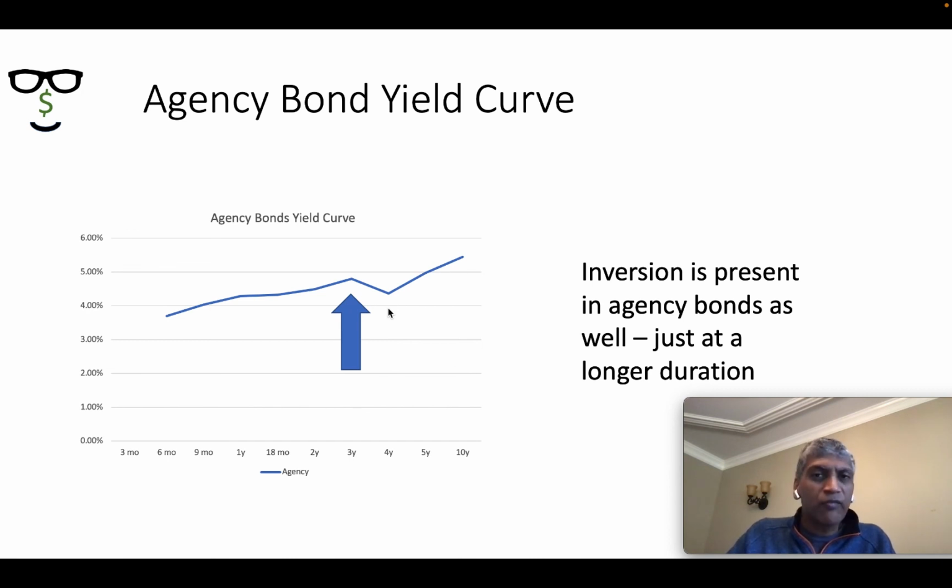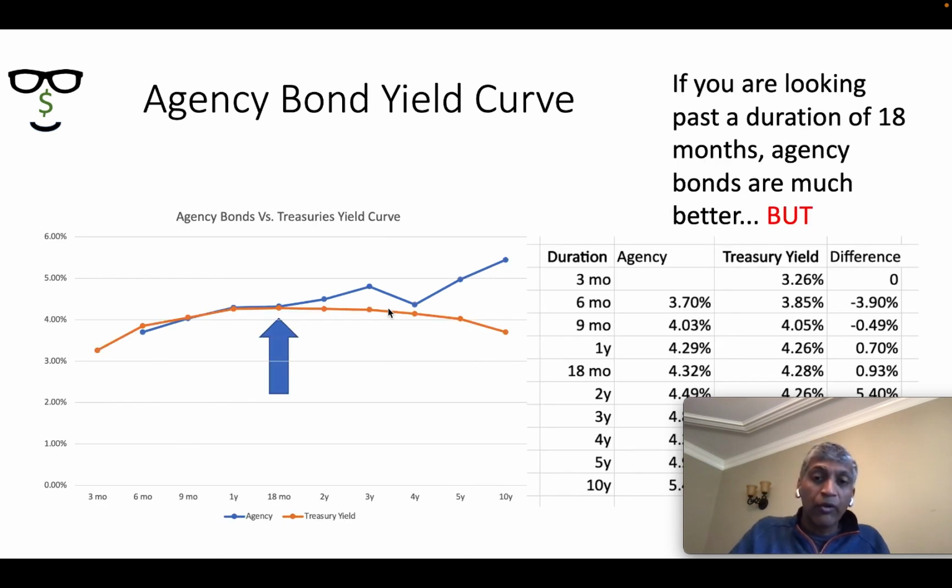And remember this concept, and we're going to come back to this, because when we help construct the yield portfolio, we are going to overlay these yield curves so you can understand how to create your portfolio for yield accumulation and management. So here is what we have done. We have overlaid in red the Treasury yield curve, and you can see that pronounced inversion right around 18 months.